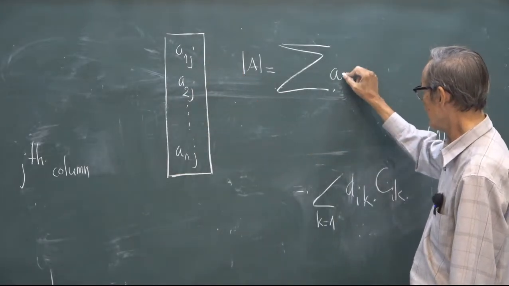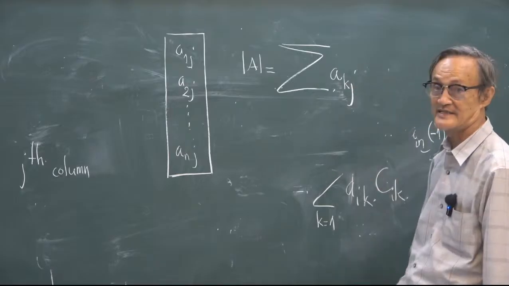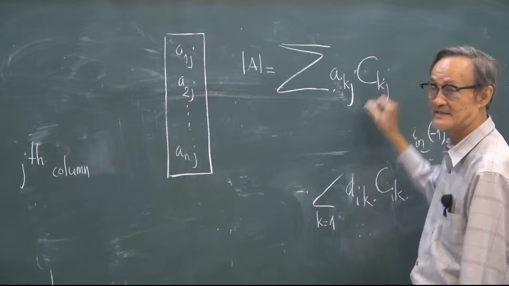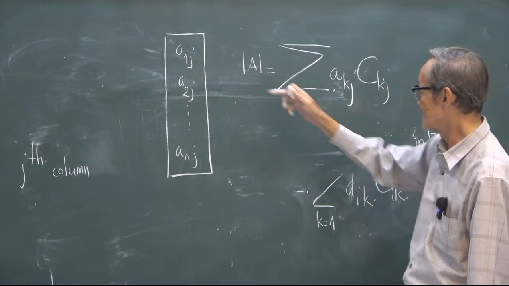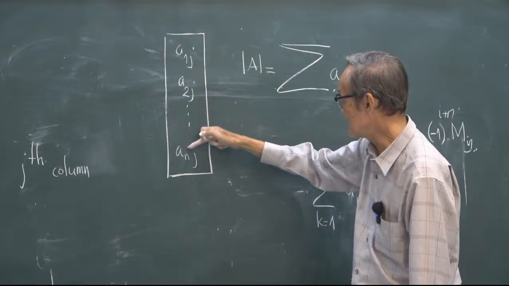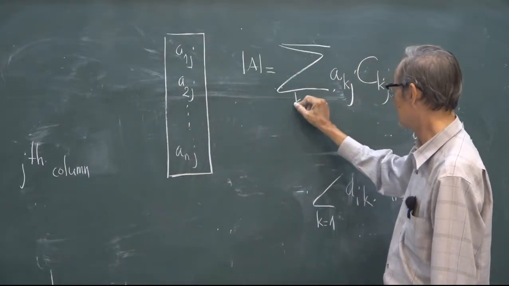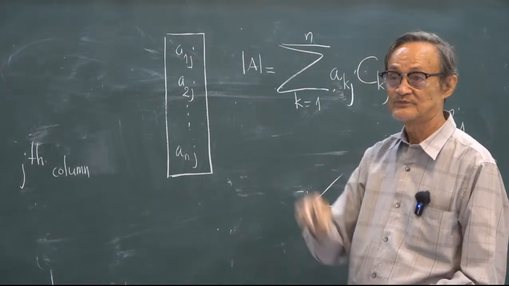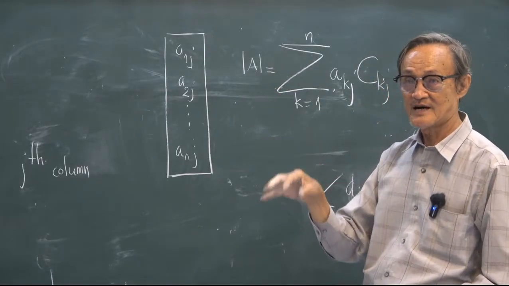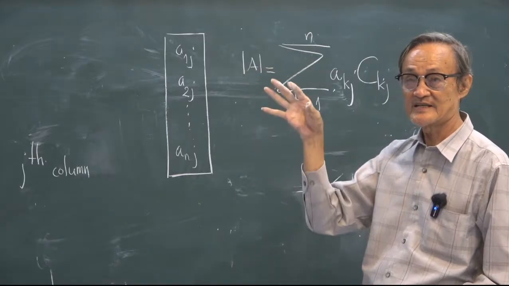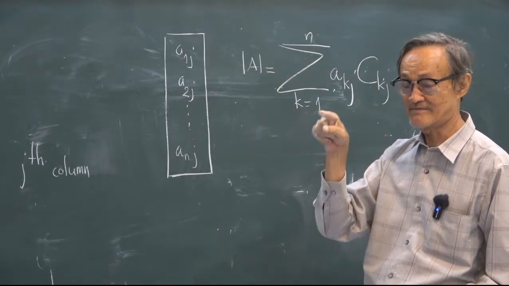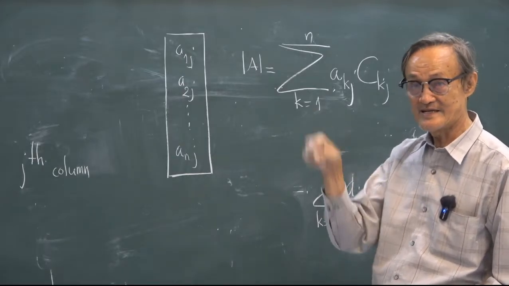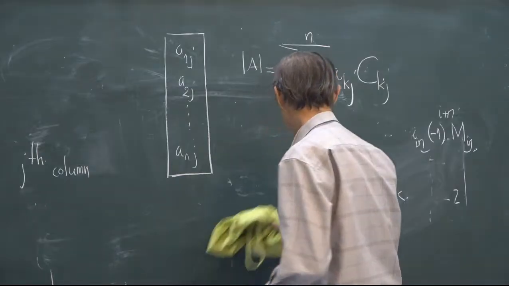We write k, j, C_kj, k from 1, 2, 3, etc., n. Okay. Each element on J column and the number minus sign of that element, and delete. Okay.